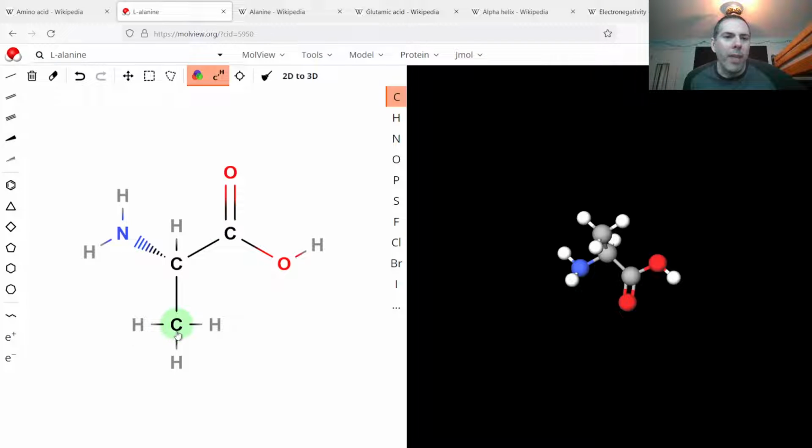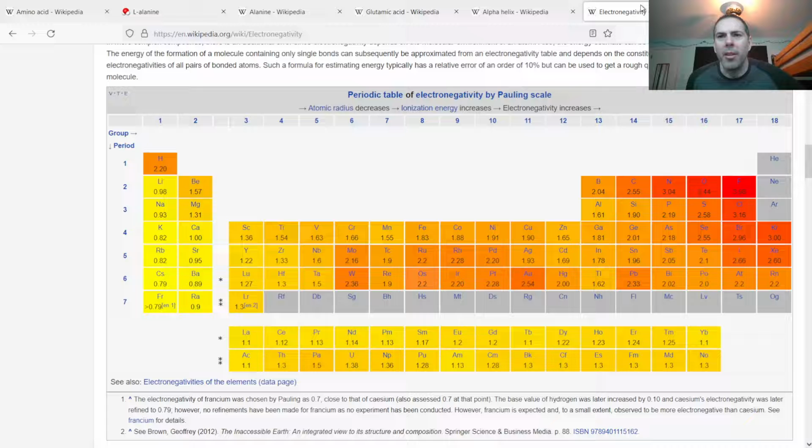So when you have the side chain here, the hydrogen and carbon are going to basically equally pull on the electrons between them, and you wouldn't necessarily find the electron closer to one or the other. There's a cloud all over the place, but there's no drastic probability of finding it closer to one atom than the other.